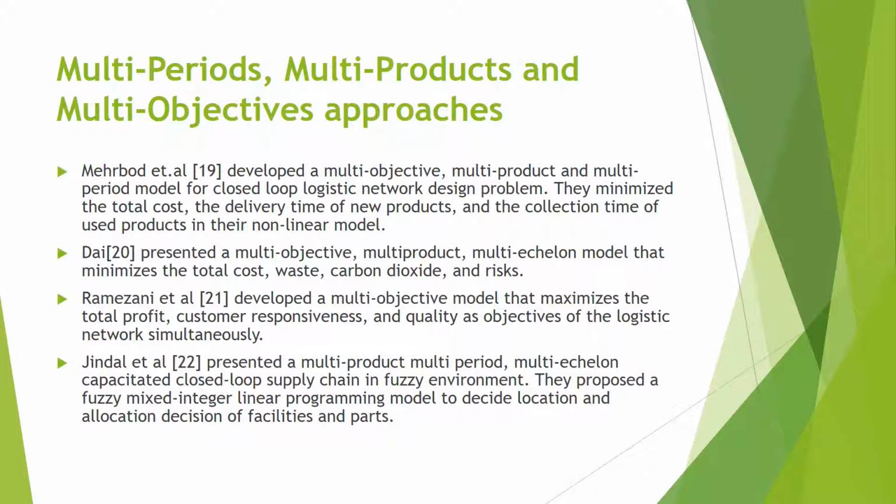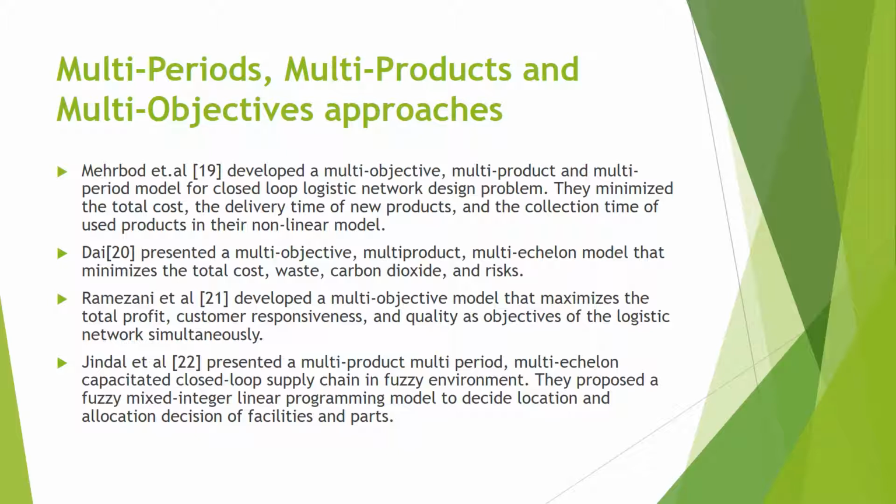Another researcher, Mehbod, and his colleagues developed a multi-objective, multi-product, and multi-period model for the closed-loop logistic network design problem. They minimized the total cost, the delivery time of new product, and the collection time of the used product in a nonlinear model.